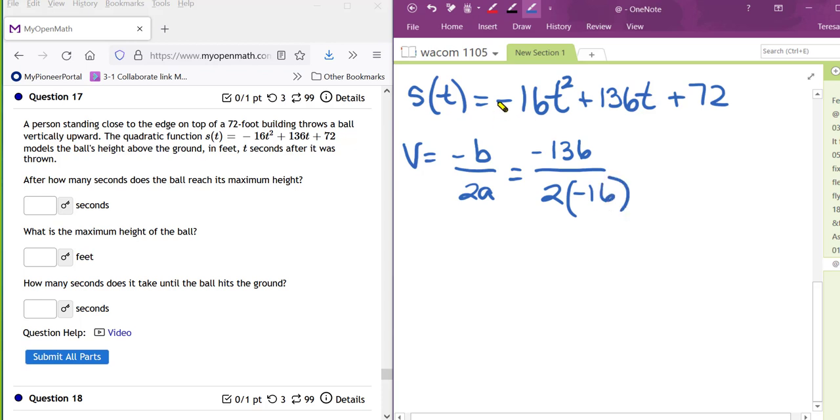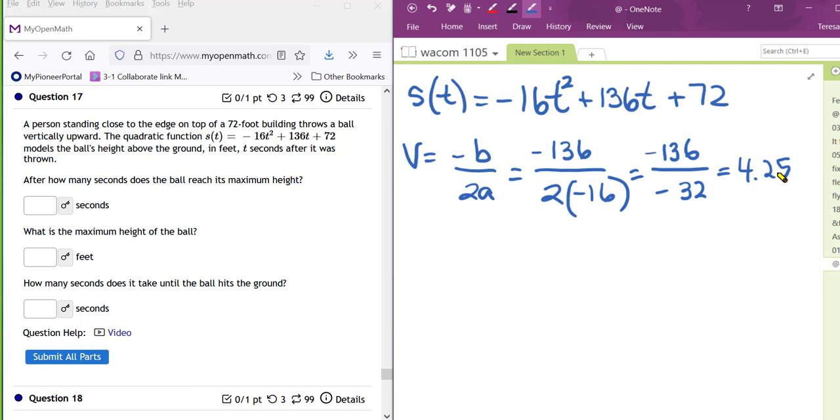And you see this one's going to go down like I drew it because of this negative in front. And so we have negative 136 divided by negative 32. And I believe we get 4.25. I'll double check that. Yes, 4.25.